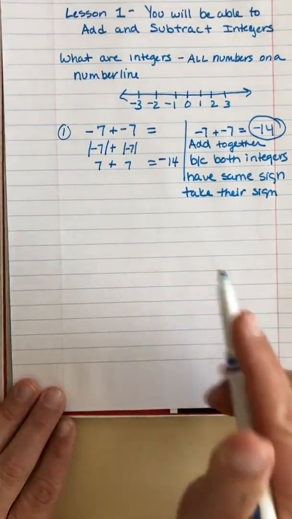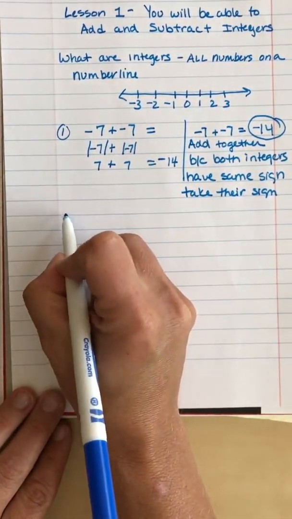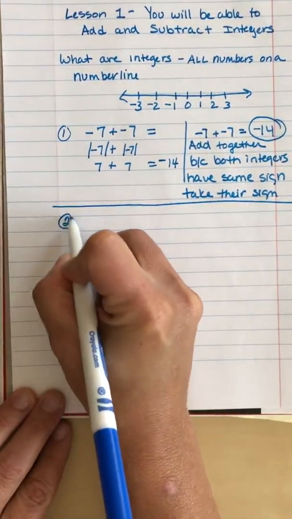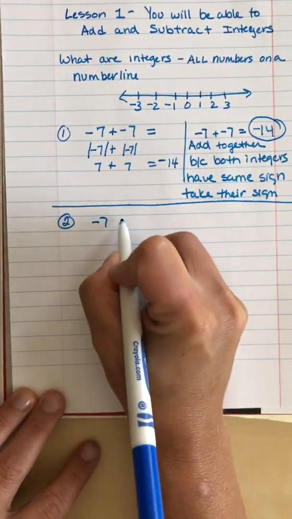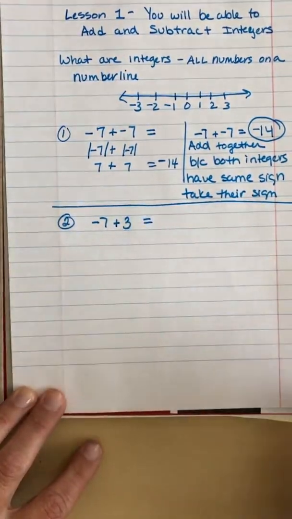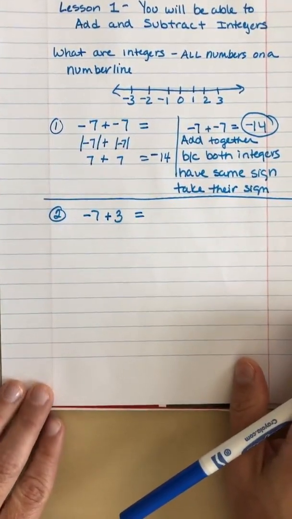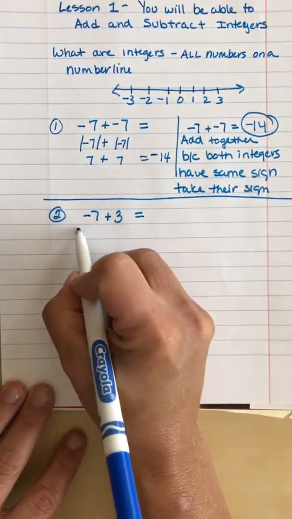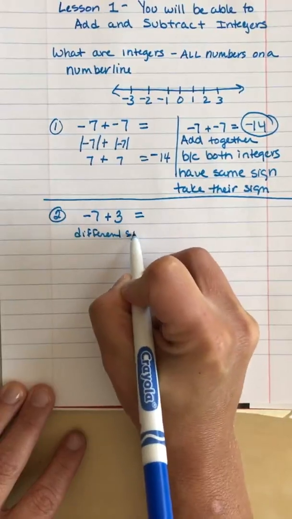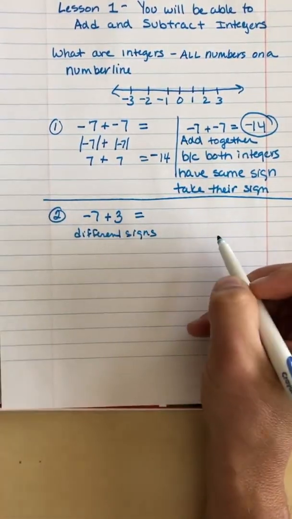Okay, let's try another one. Let's say that we have -7 plus 3. Notice they have different signs. So you have a positive and a negative.